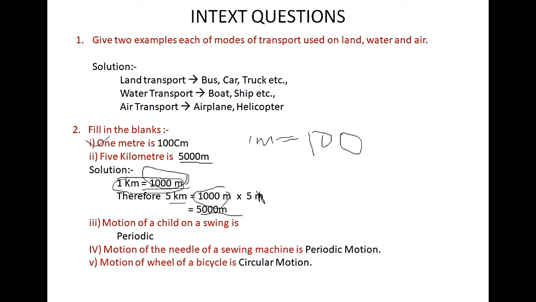Next, third subdivision: motion of a child on a swing is which type of motion? This child is going to play on a swing.